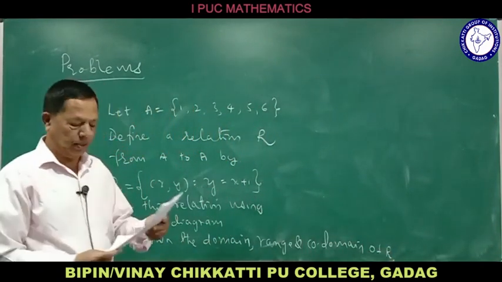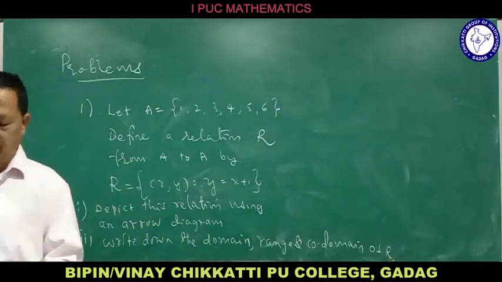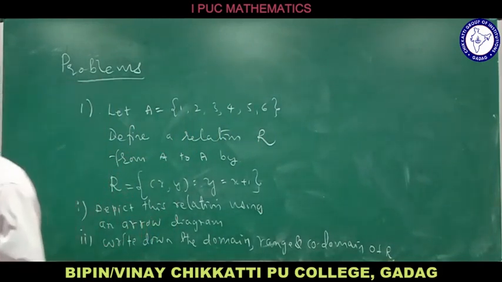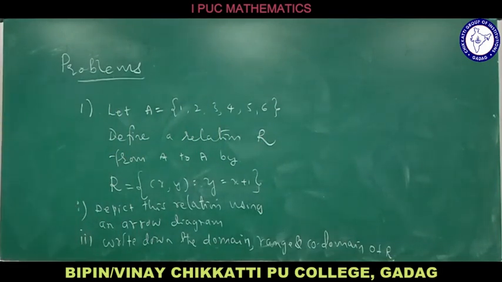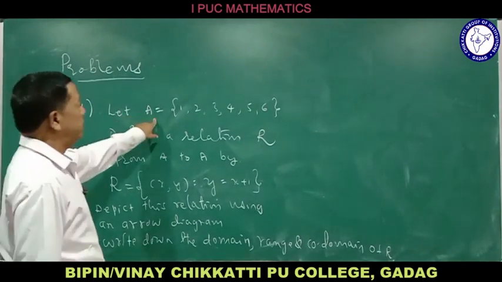So this is the question now, and try to understand how you are going to work out these two questions. One by one I am explaining. A is the set given.